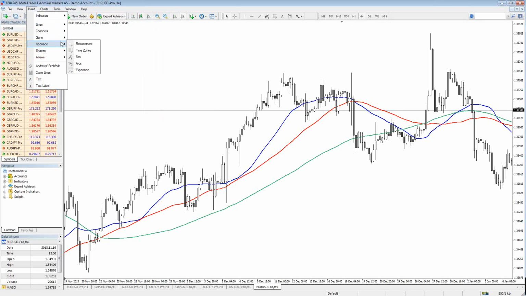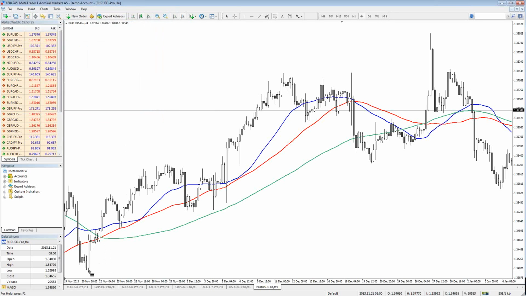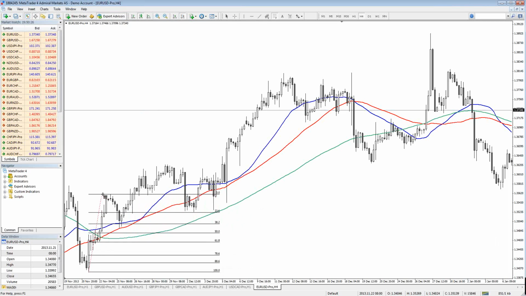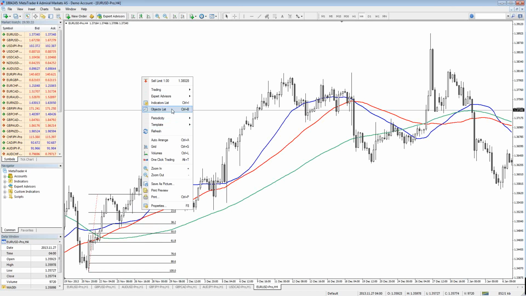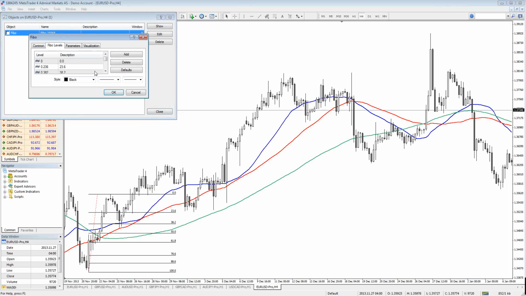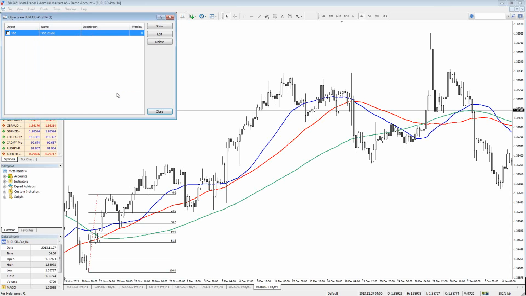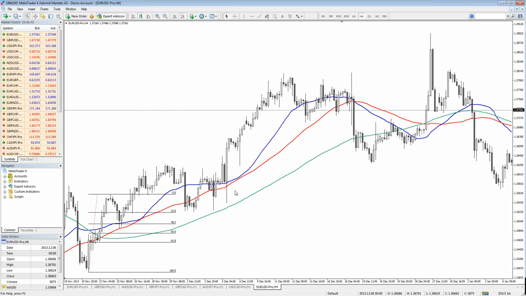So insert Fibonacci retracement from the left to the right, like this. Let me clear it again. Okay, now it's okay. So by default you will see Fibonacci like this.